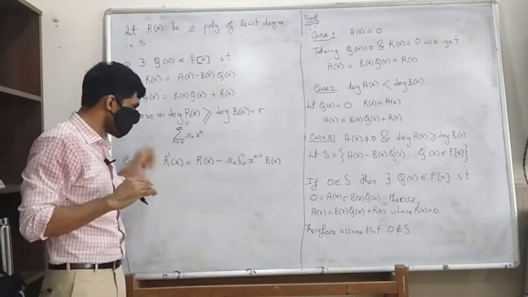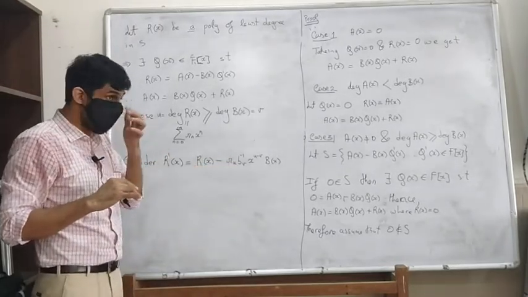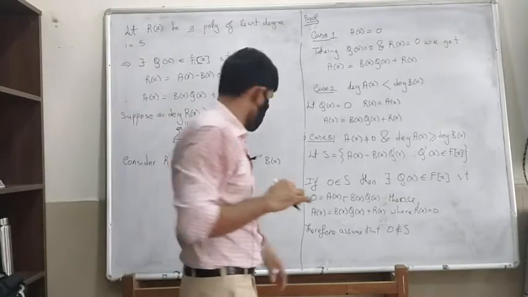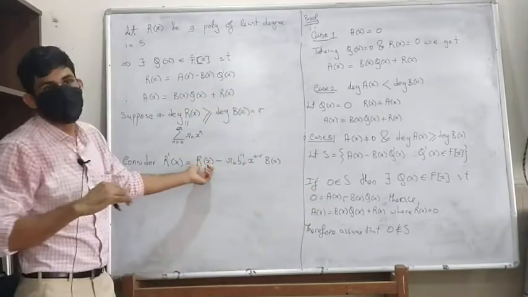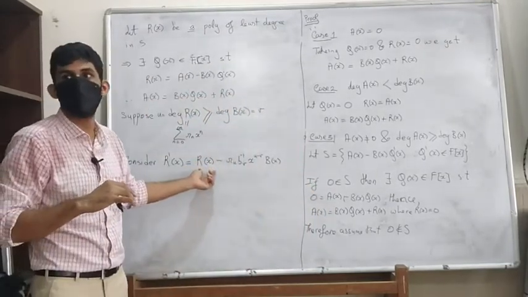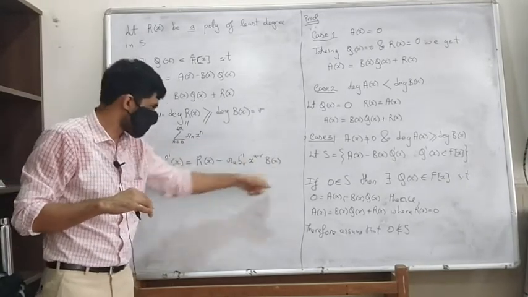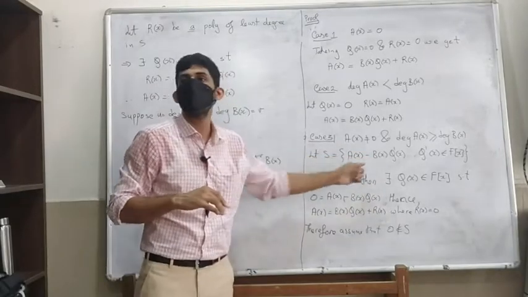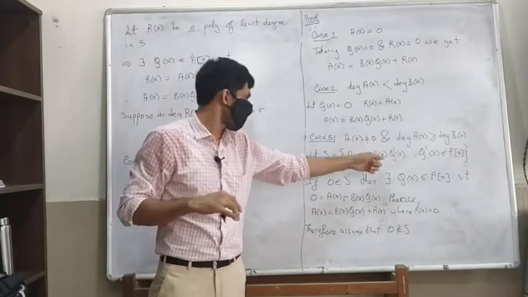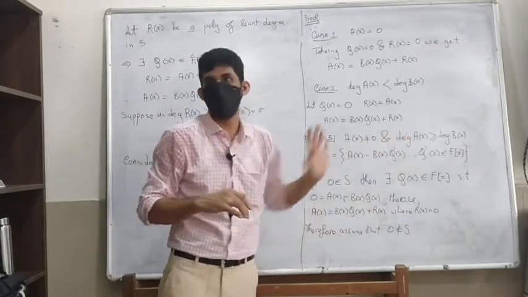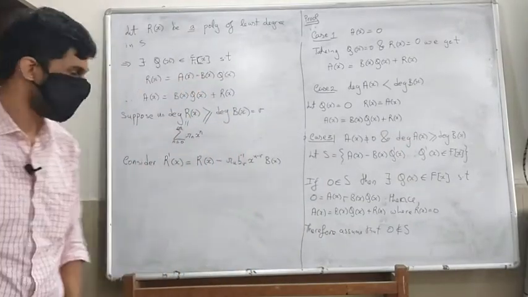And it's quite easy to see that this is in S. You should be able to write this in the form a minus b of x times some q prime. Is that easy?